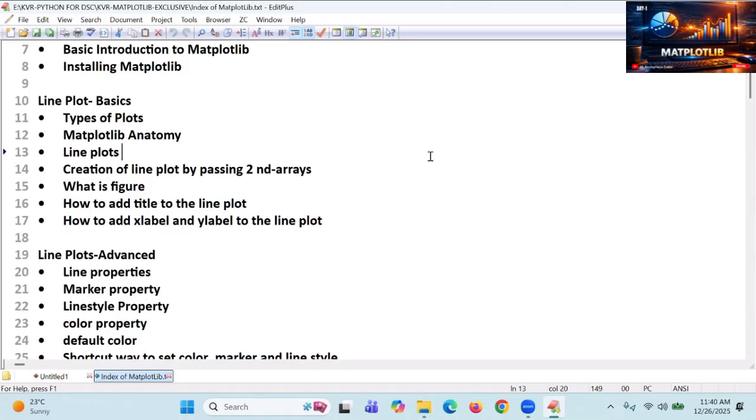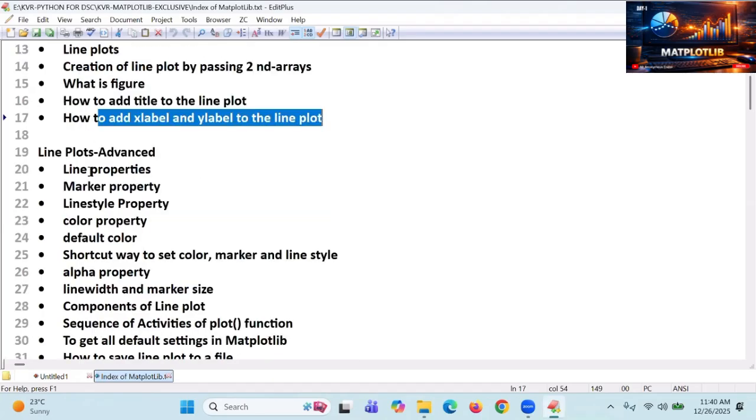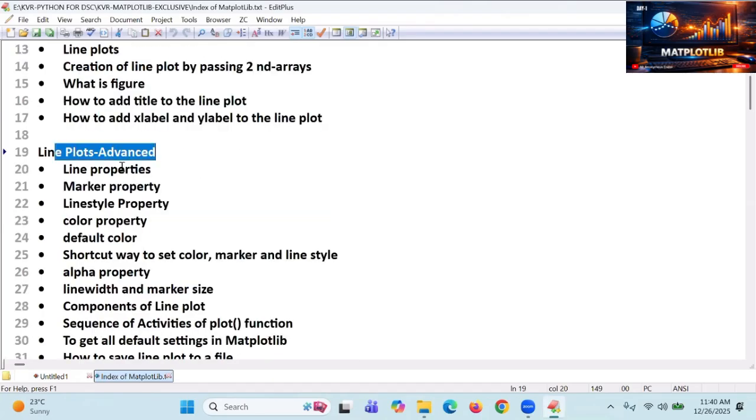Right. Anyhow, students, come on. Line plot. My interest is only one thing. Whatever I taught, remember that, crack the interviews. Next, line plot. How to add X label, Y label to that line plot, advanced.